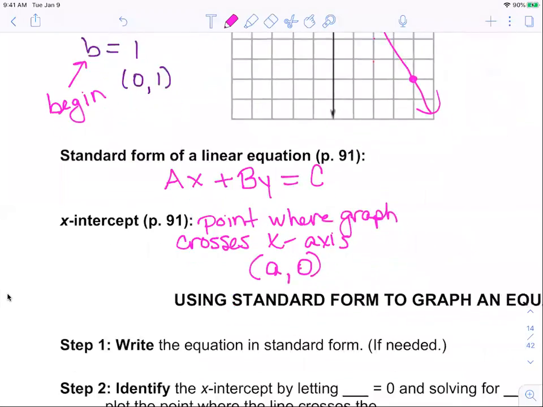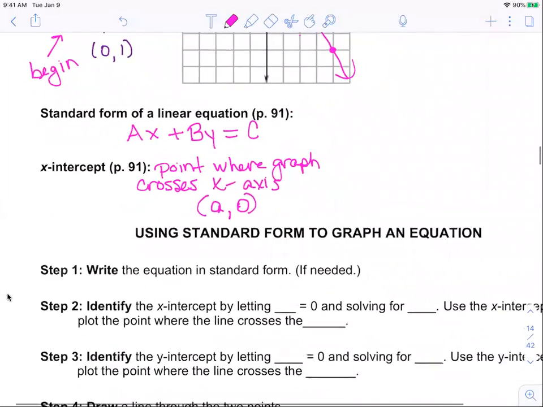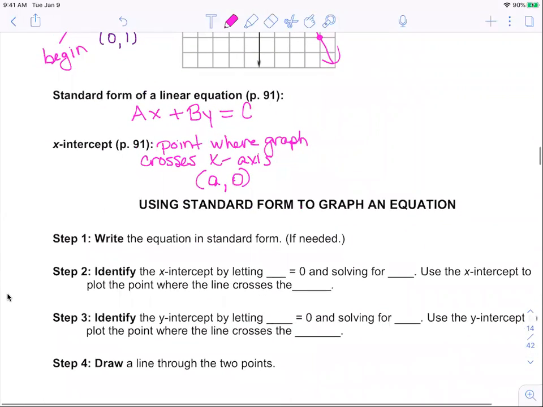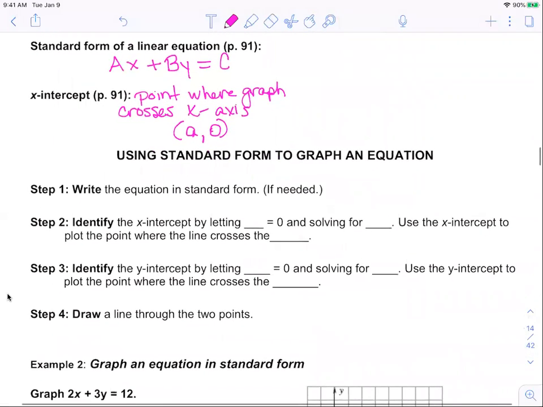So we can also graph using standard form, just like we can graph using slope-intercept form. The first step says write the equation in standard form, and then it says if needed. Essentially, if it's not already written in standard form, I would say don't use standard form. If it's written as y equals mx plus b, then you want to graph it with slope-intercept form.